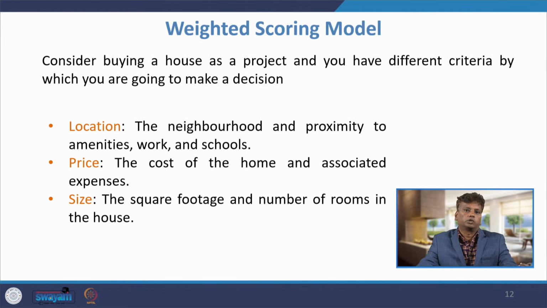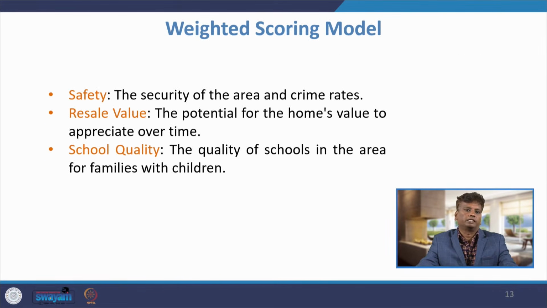Size, the square footage and the number of rooms in the house, is another criterion. Safety, the security of the area and the crime rate, is one criterion. Then resale value, the potential for the home's value to appreciate over time. Then the school quality, the quality of schools in the area for families with children. So, these are some criteria for choosing a house.